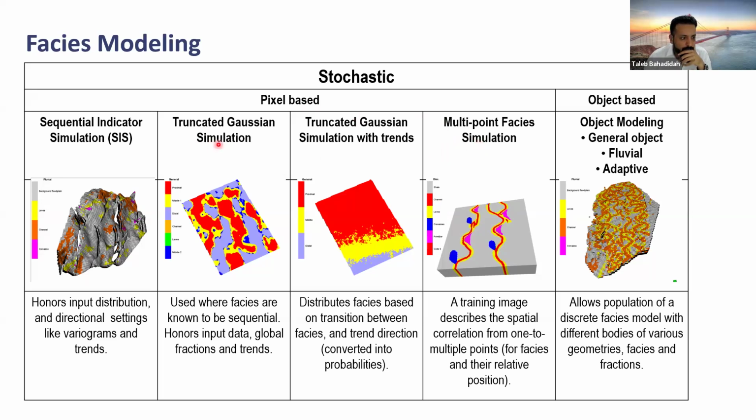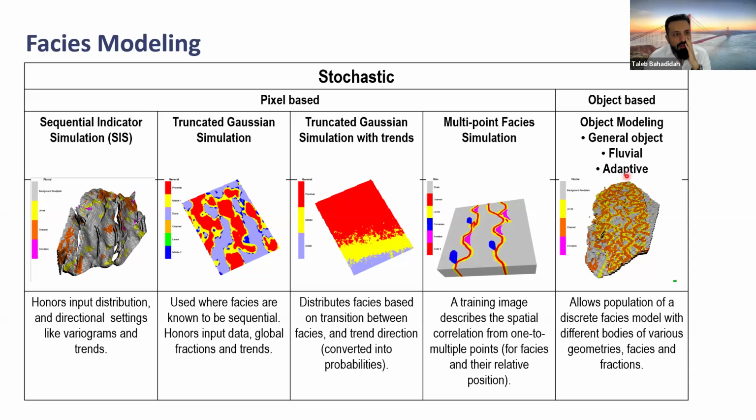So what is the difference between here and there? Those three methods rely on the variogram. Here in the multi-point facies simulation, they use a training image to describe the spatial correlation. So it is based on the training image, and distributes your facies based on the training image you provide.